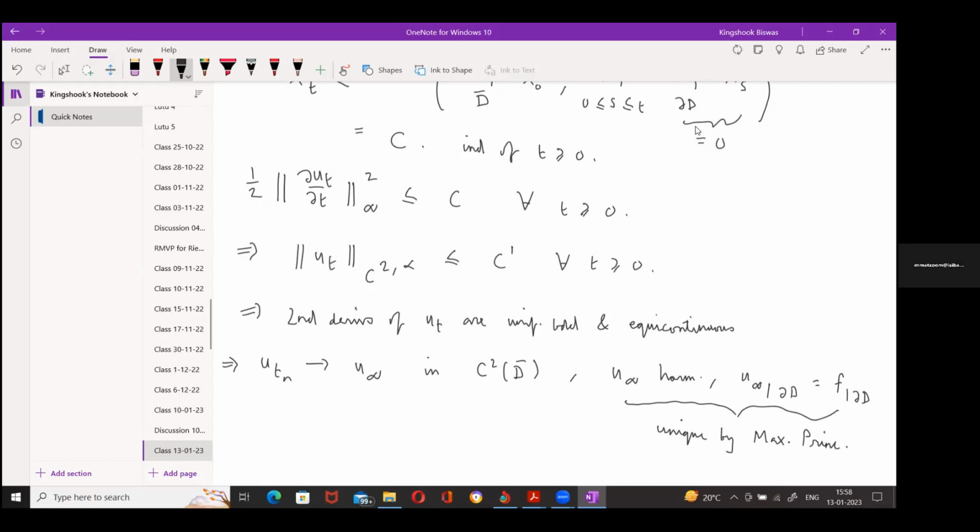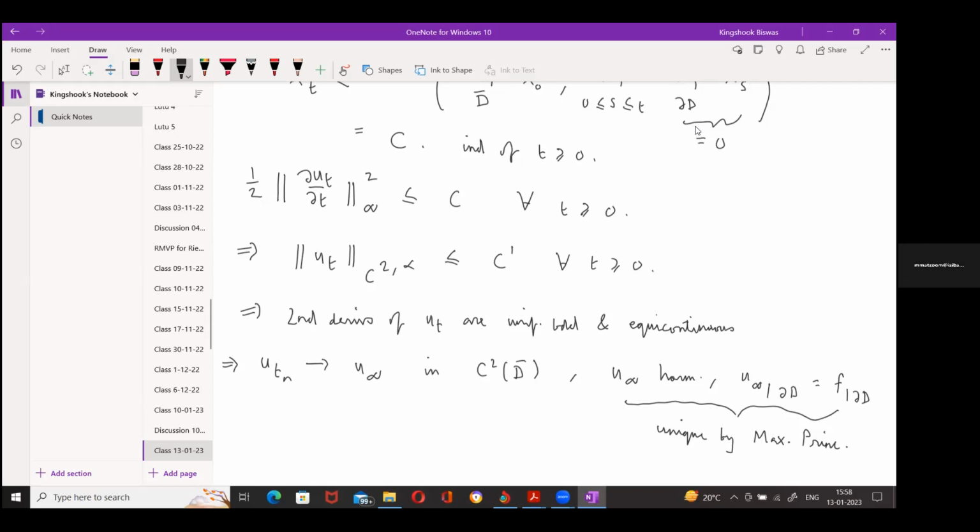Therefore, it vanishes identically inside by the maximum principle. If I take a function h which is harmonic and 0 on the boundary, then h is less than or equal to 0 by the maximum principle. And minus h is also harmonic, so minus h is also less than or equal to 0. So therefore h is greater than or equal to 0, and therefore h is identically equal to 0.